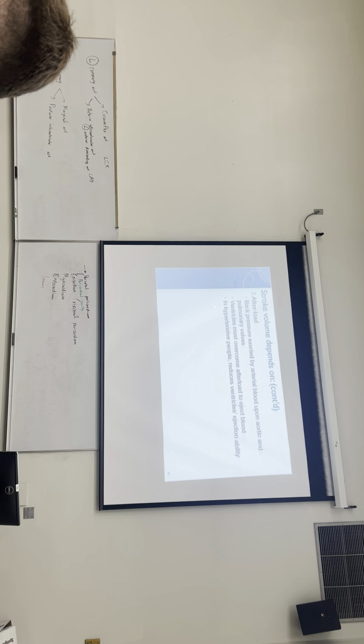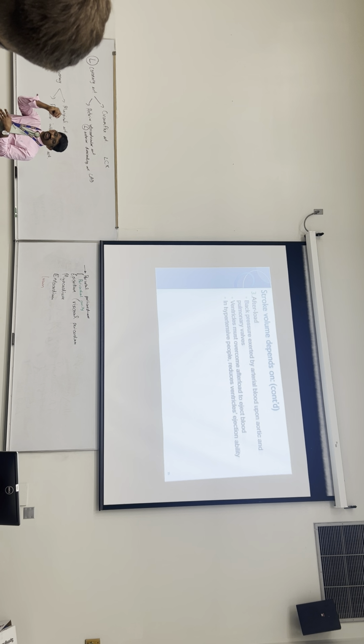Okay, hypertensive patients. Why do they also have a lower stroke volume? What is hypertension? High blood pressure, right? You can have both systolic and diastolic. Diastolic is actually worse for the heart, because as I mentioned, we have to build up the pressure before those valves open.